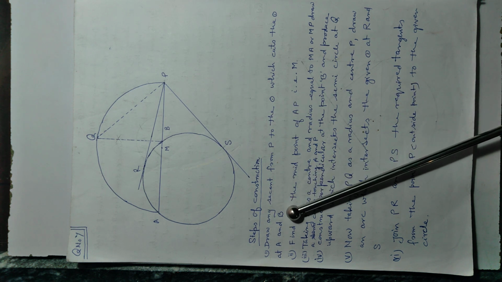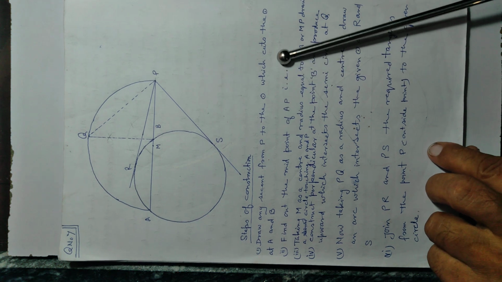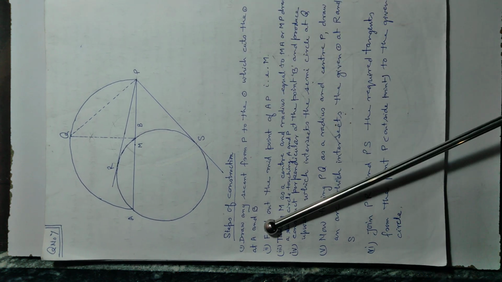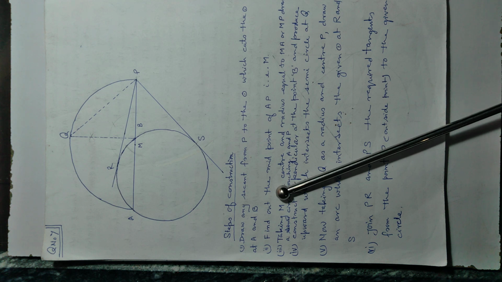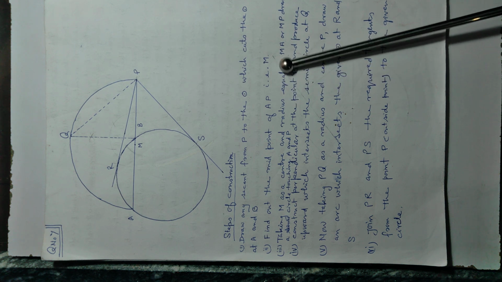Steps of construction: draw any secant from P to the circle which cuts the circle at A and B. Find out the midpoint of AP, that is M is the midpoint.